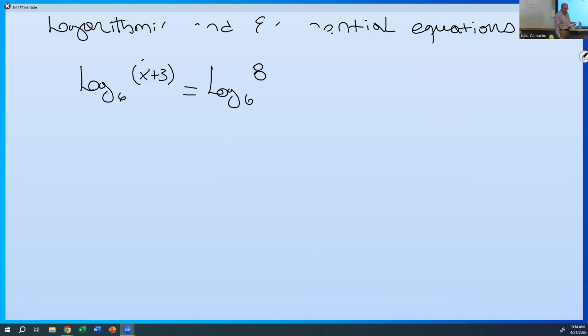And what it says is, if the bases are the same, because log 6 and log 6 are the same, they are equal, in other words, then the exponents are equal too. And then I can say, if that is true, I can say that x plus 3 is equal to 8.